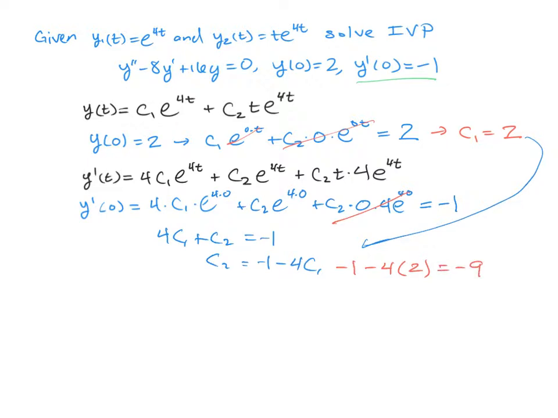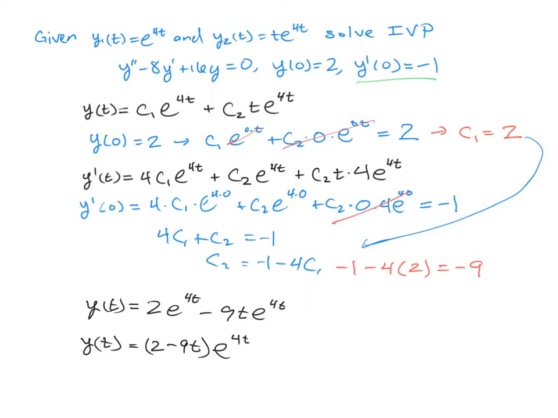So our solution to the initial value problem is y of t is equal to 2 times e to the 4t minus 9 times t e to the 4t, which could also be written as 2 minus 9t times e to the 4t.